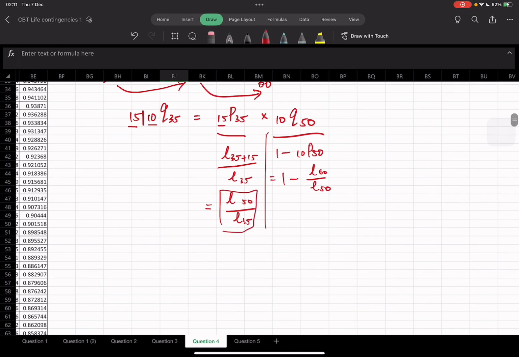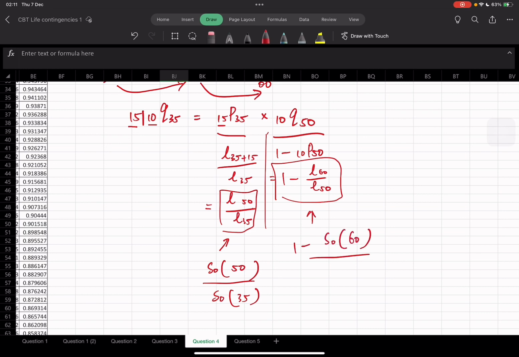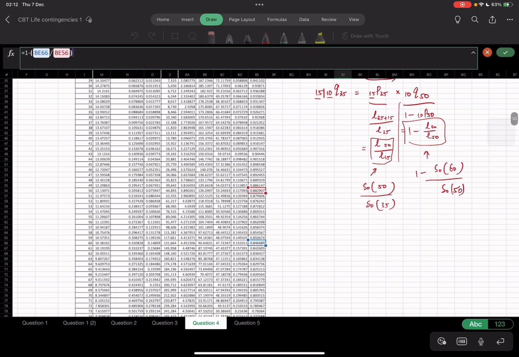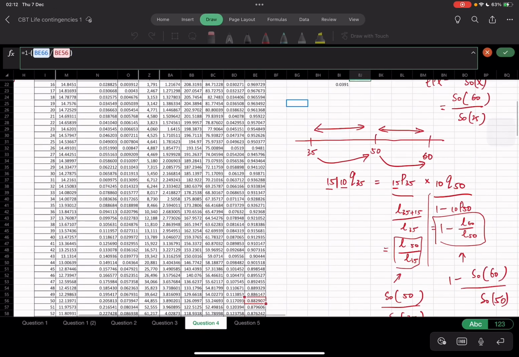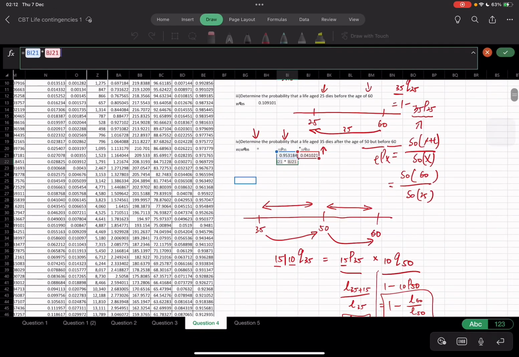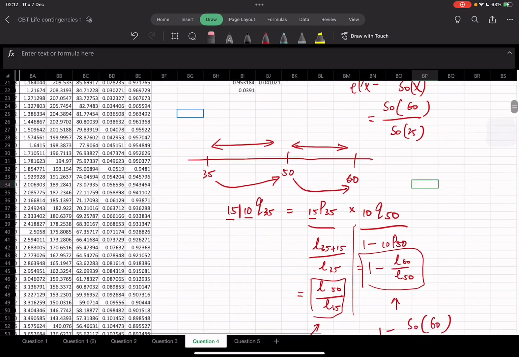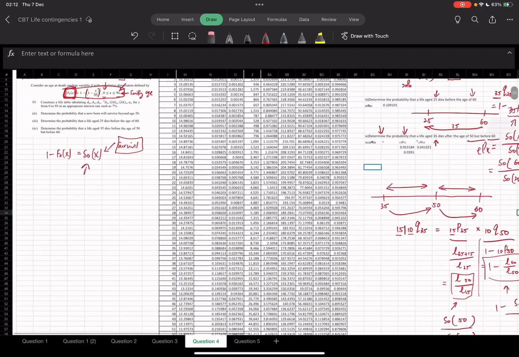From these two equations, we can conclude: this is S naught 50 divided by S naught 35, and from here it is 1 minus S naught 60 divided by S naught 50. After we obtain these two values, we multiply them together, and then we get a probability of 0.0391 for a life age 35 dying between age 50 and 60. This is the end of the question, I think. Thank you for listening.